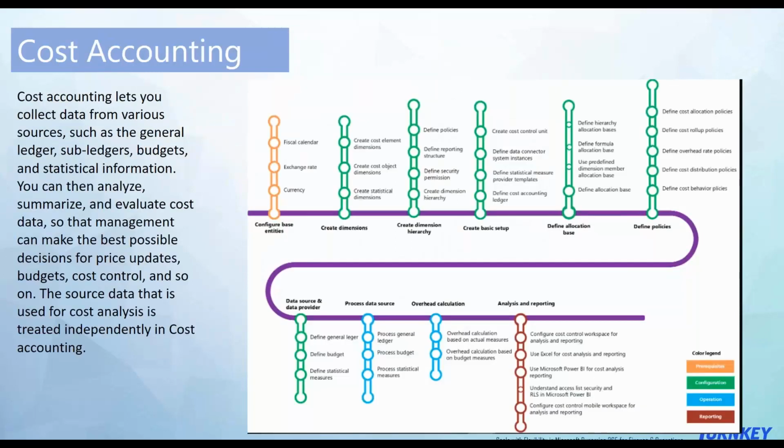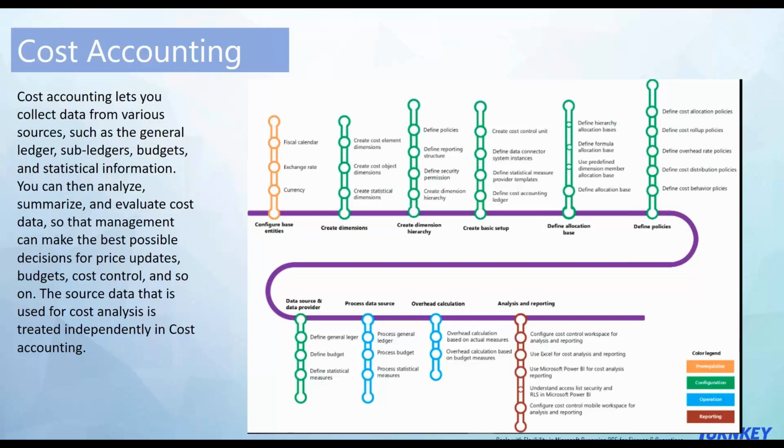For the cost accounting aspect of it, it allows you to collect the data from various sources such as general ledgers, subledgers, budgets, and statistical information. You can then analyze, summarize, and evaluate cost data so that management can make the best possible decisions for the price updates, budgets, cost control, and so on.